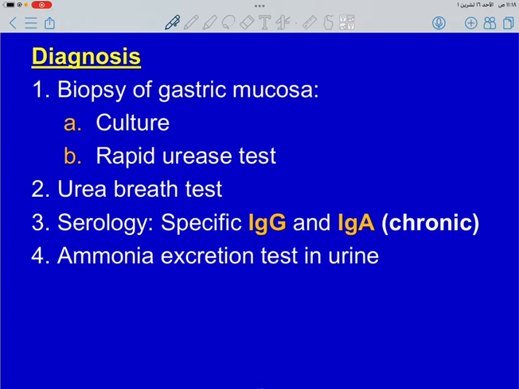So we can detect a specific IgG and IgA in chronic cases, long infection, and also we can detect the ammonia resulting from the breakdown of urea by urease in the urine. And I will come back to this point in the next slide.